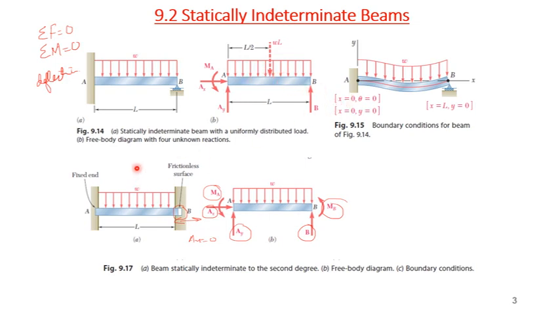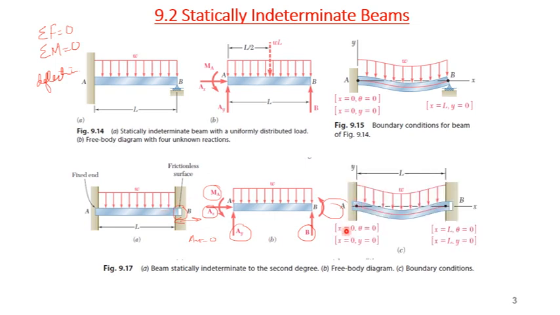With that equation and the static equilibrium equations, we will find all the reactions. Now if we look at this figure, both ends are fixed. In this case, slope and deflection at A will be 0, as well as slope and deflection at B. So at x equal to 0, theta will be 0 and y will be 0.